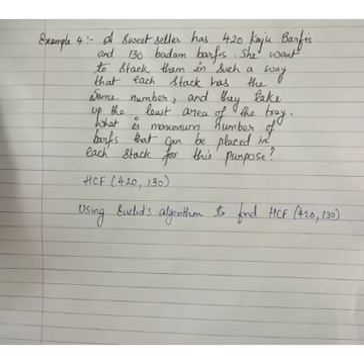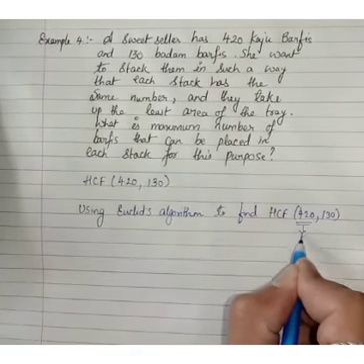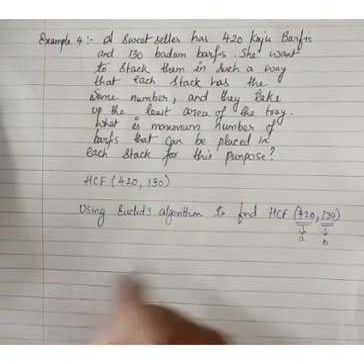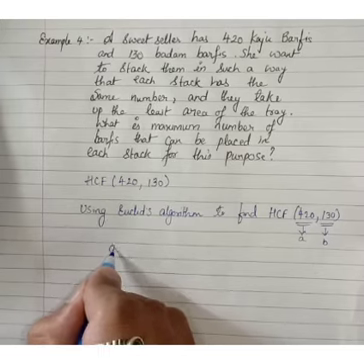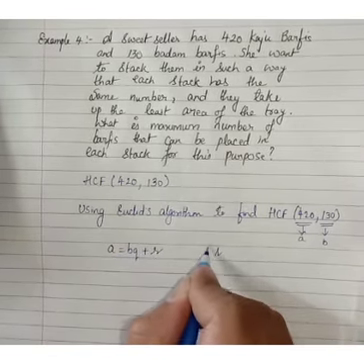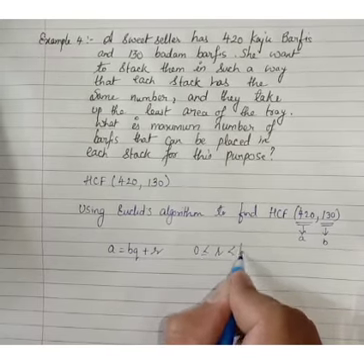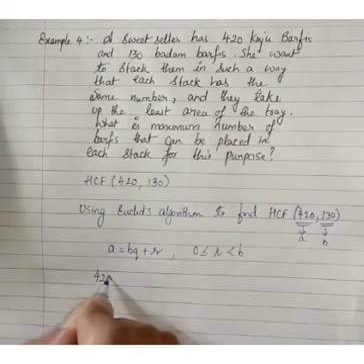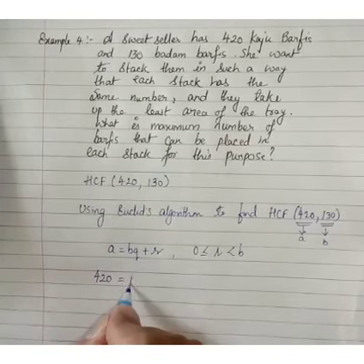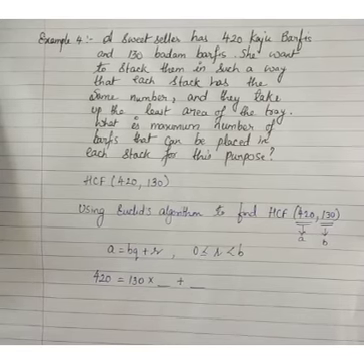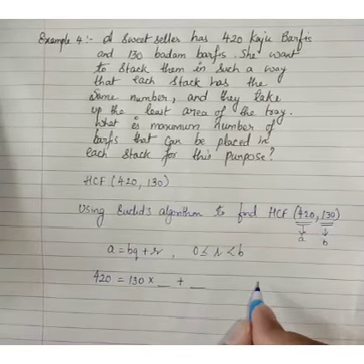As I told you that day, the number which is greater will have the value of A, and the number which is smaller will take the value of B. And we will represent this in the form of A is equal to BQ plus R, where R value is greater than or equal to 0 and less than B. So A is 420, B is 130. So multiplied by something plus you will get remainder. So it means we have to divide this number by 130.